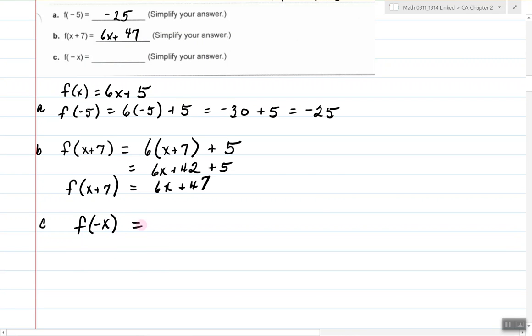That means put negative x in the place of old positive x. So it will be 6 times negative x plus 5. All I'm doing is substituting whatever is in the name position for x in the place of the definition. So that gives me negative 6x plus 5.